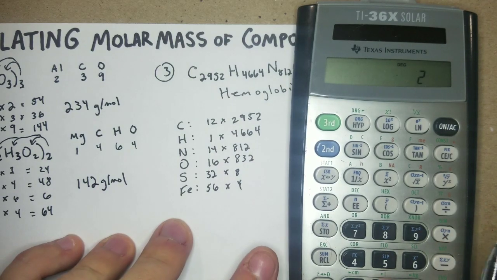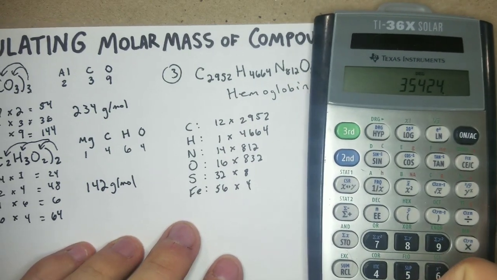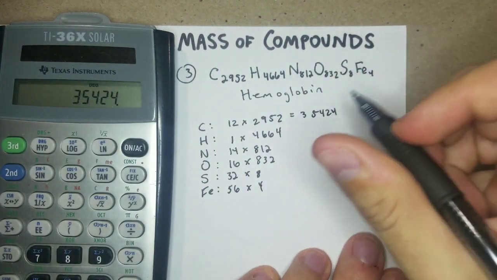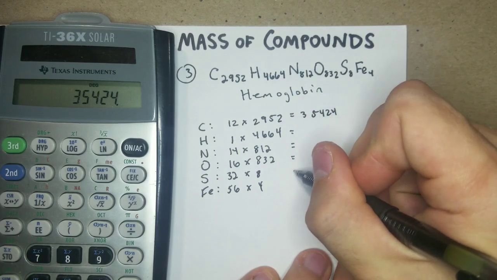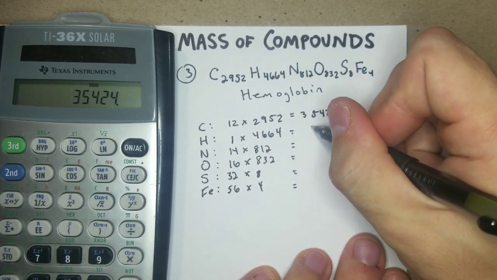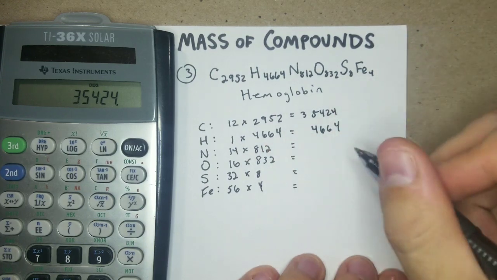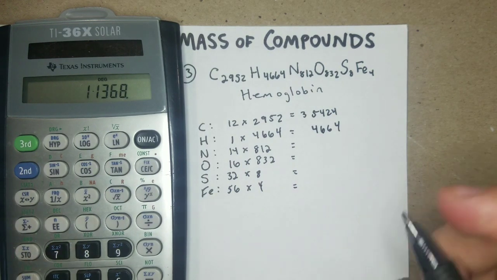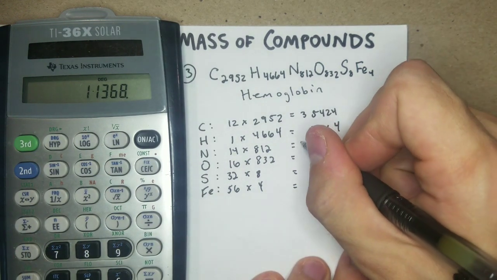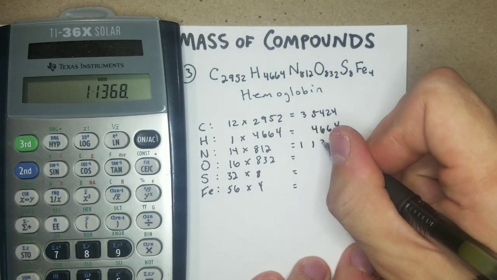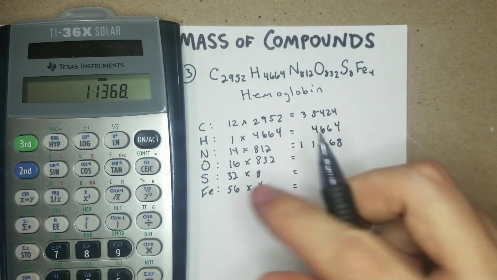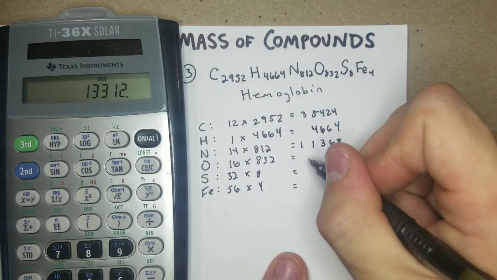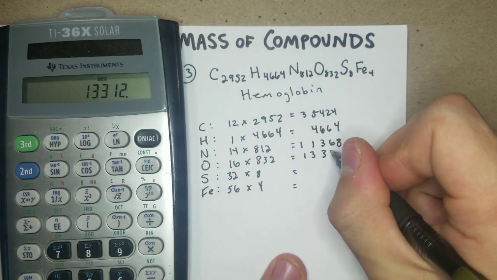12 times 2,952 is 35,424. This is just going to be 4,664 because it's only times 1. Now we'll do 14 times 812, which is 11,368. Then we have 16 times 832, that is 13,312.